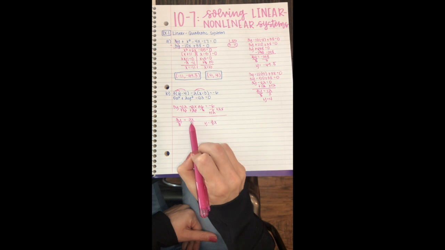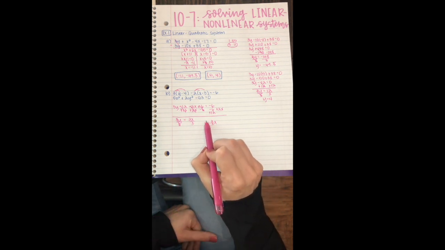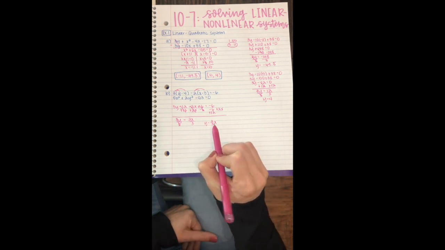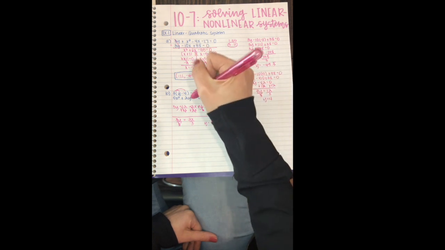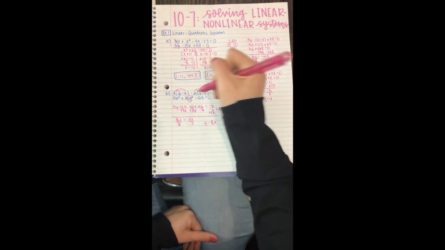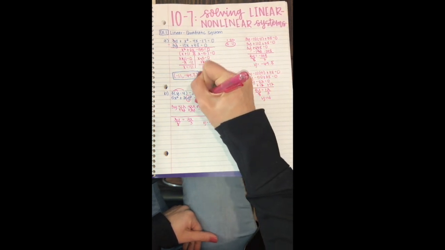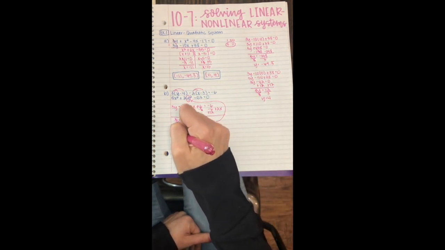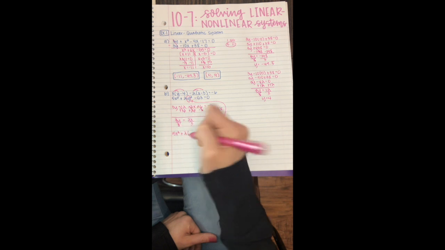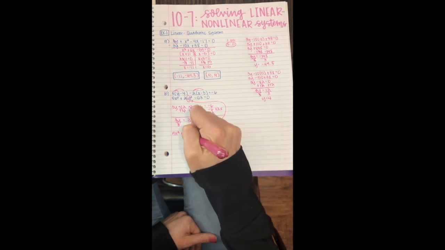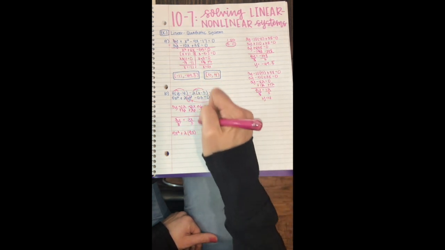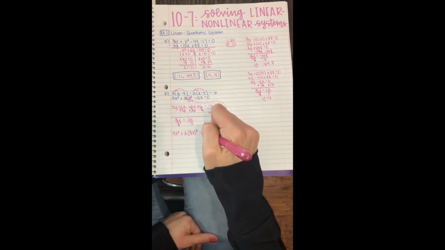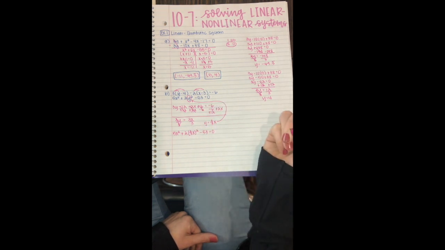And you can leave it like this if you'd like. So now we're going to take this y = 2/3 x, and plug it into the other equation. Right here where this y is, you take this 2/3 x, and you plug it in. So we have 5x² + 2(2/3 x)² - 53 = 0.